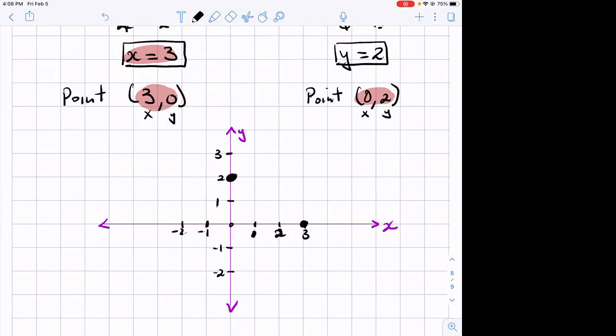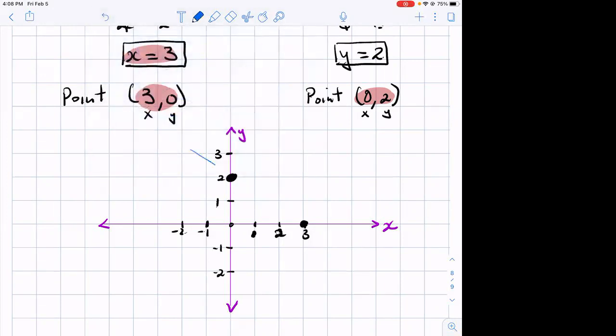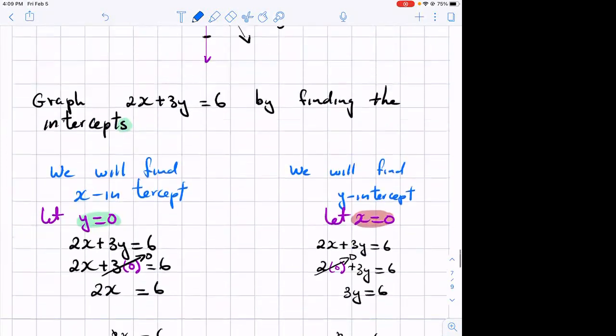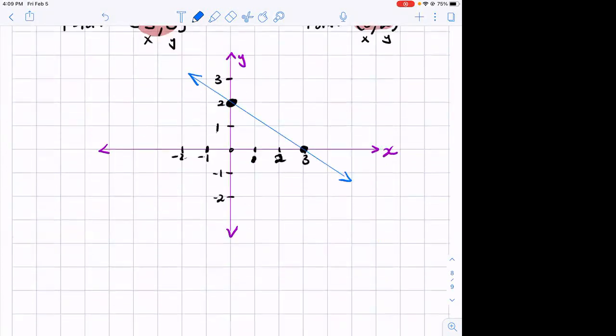And now notice it falls on the y-axis, and I can now connect my 2 dots. And that's the equation of the line that we were asked to graph, 2x plus 3y equals 6. So this is how we graph by finding intercepts. Okay.